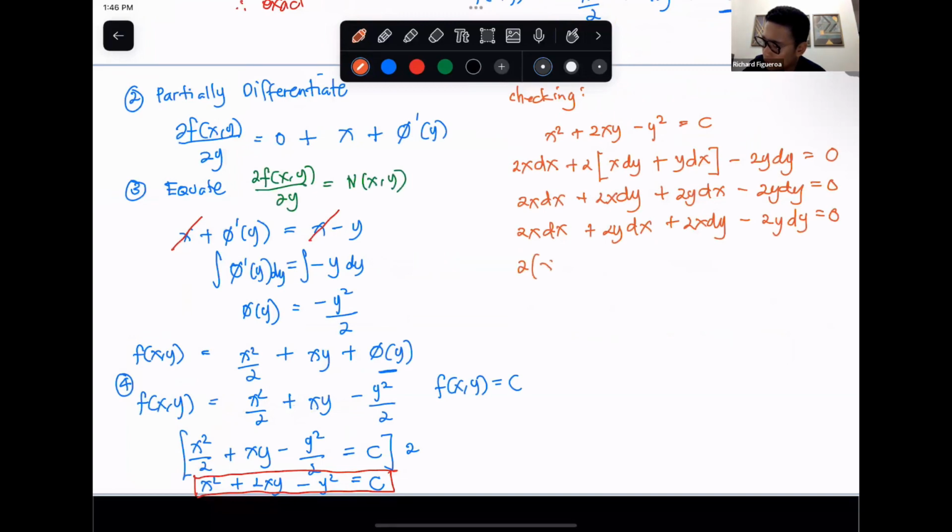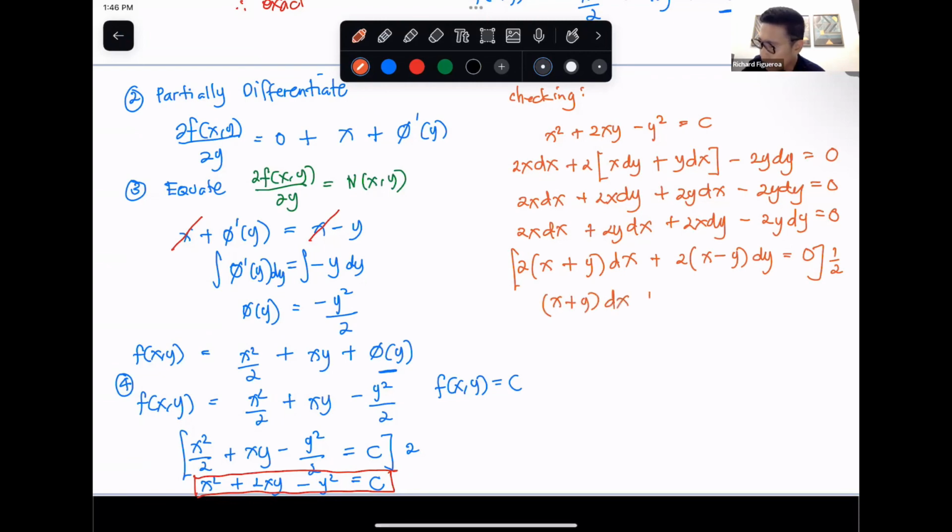So this one will be x plus y, multiply it with dx. Ganun din sa kabila, common ng 2, x minus y dy is equals to 0. And then I can multiply everything by 1/2. Since merong lahat 2 na yan, makancel lang yan. So x plus y dx plus x minus y dy is equals to 0.